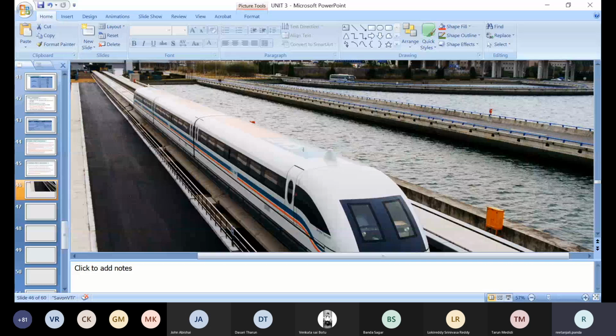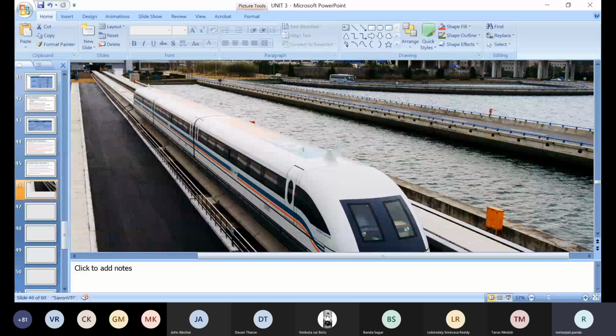When current passes, those two will convert into magnets, and they are going to repel and attract each other because of the Meissner effect and the effect of the magnetic field. Like if you bring north pole and north pole, they will repel each other, and if you bring south pole and north pole, they will attract each other.